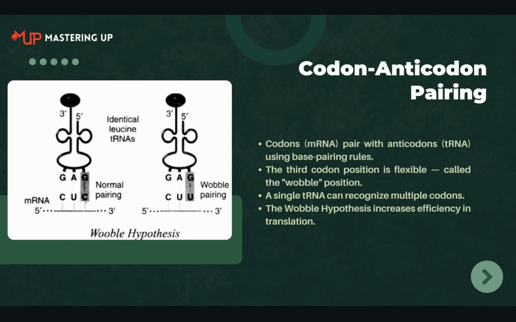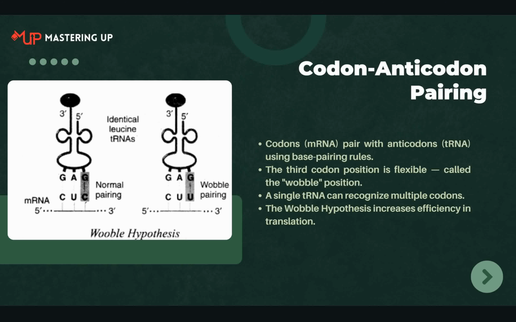According to this concept, the third position of the codon allows some flexibility or wobble in the base pairing. This means that a single tRNA anticodon can recognize and pair with more than one codon present in the mRNA.